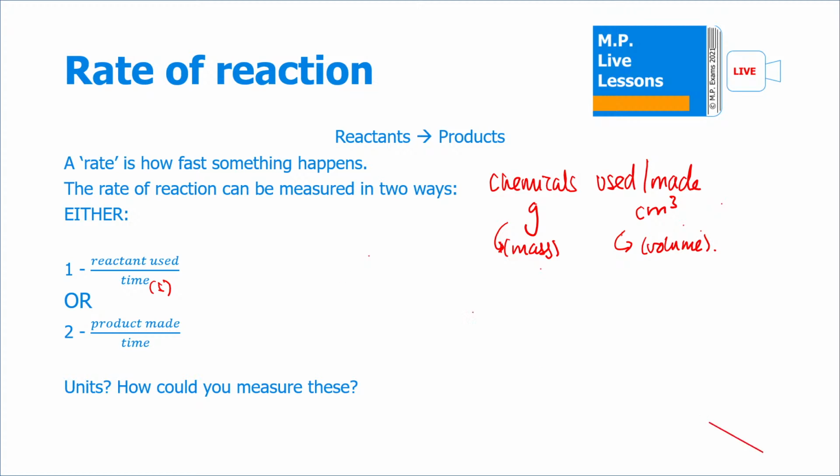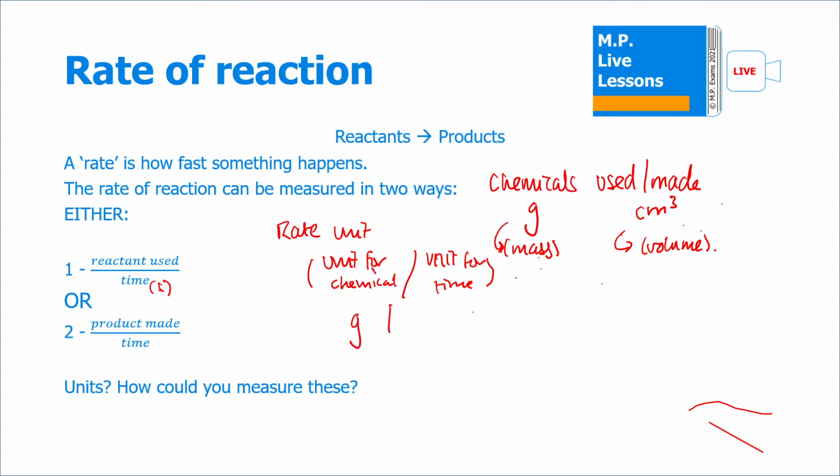So your rate would be your unit for the mass or volume, so the unit to measure your chemical, divided by or slash unit for time, which is usually seconds, but they could put minutes. For example, you could have one such as grams per second. That's one example, but it always depends on the question.